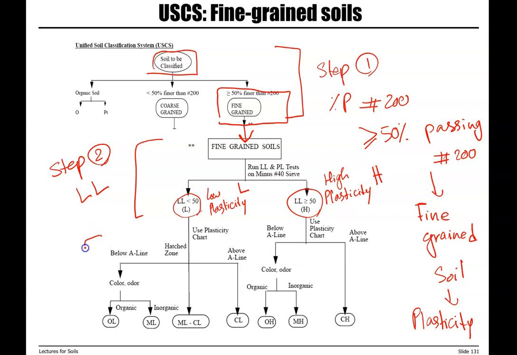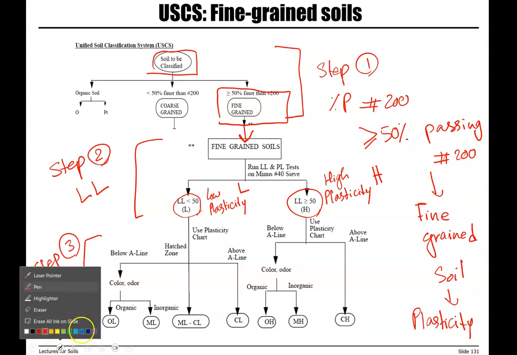And then in step 3, we need to figure out if we have more clay or silt. So if our soil sample mostly consists of clay or silt. And in order to do that, we need to use plasticity charts.